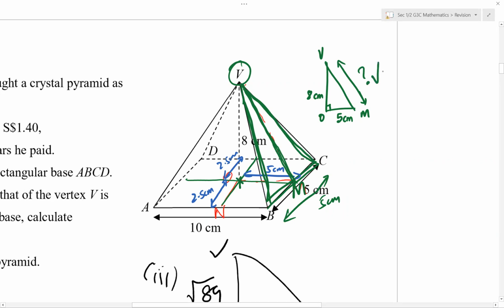This is simply square root of 8 squared plus 5 squared. So 64 plus 25. So this is square root 89. That is the area for one of these triangles. And we know that by symmetry, on the other side, it is the same triangle. These two are the same, because this is a rectangular pyramid. It's symmetrical.